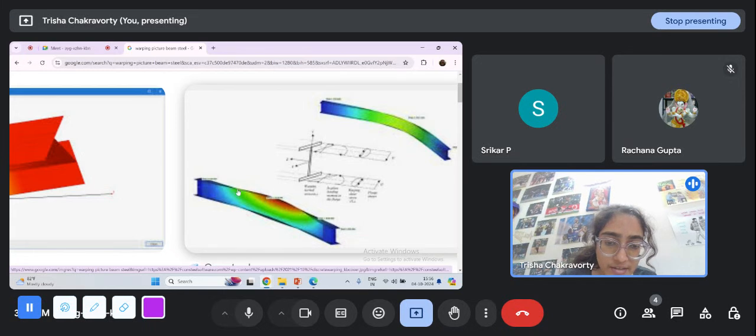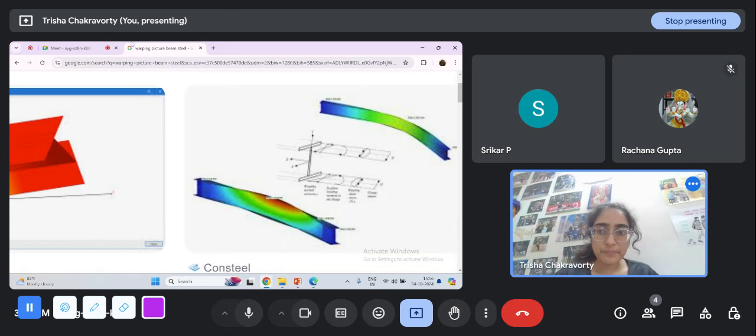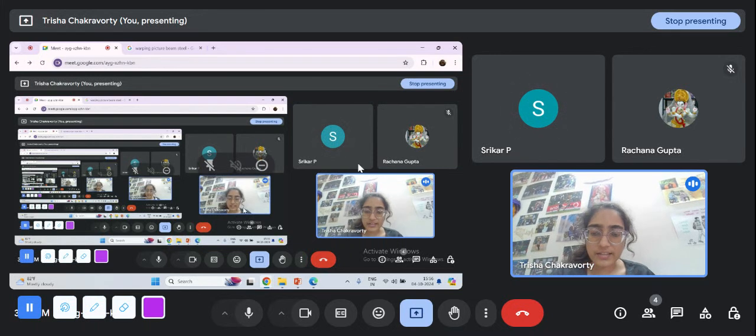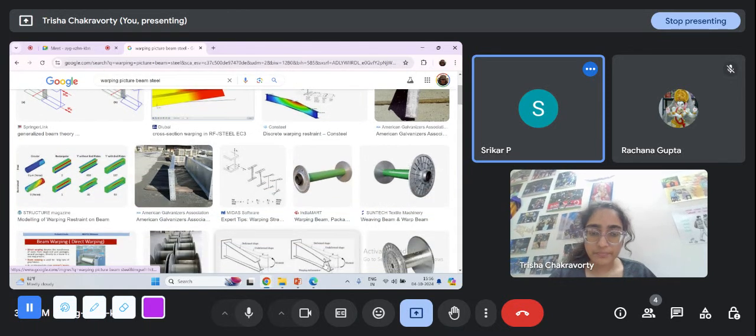This is an abacus kind of diagram. Torsion is completely rotating in one direction; warping is in opposite senses. That is what they're designing against here. Got it, ma'am.